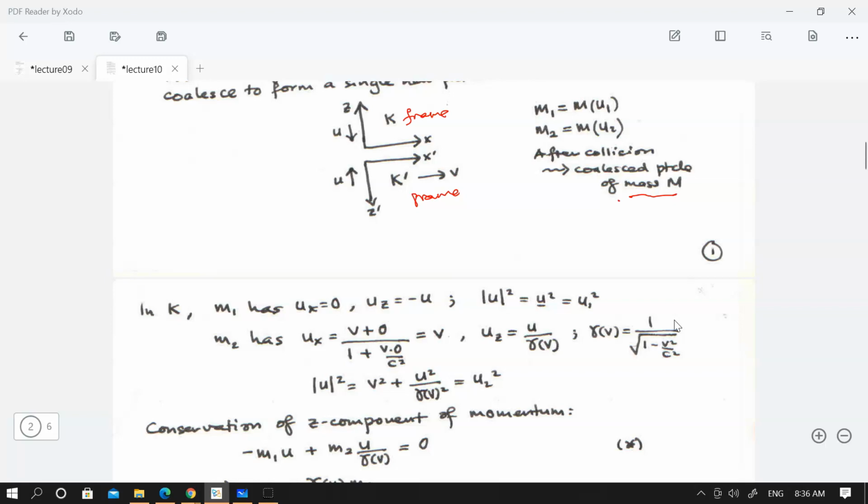We don't really consider y because everything is in the xz plane. The magnitude squared of u is simply u squared, and we denote this as u1, where the 1 says that this is particle 1.